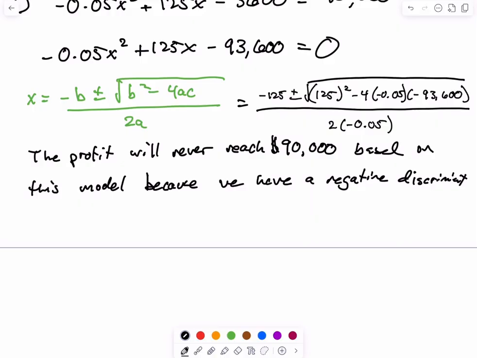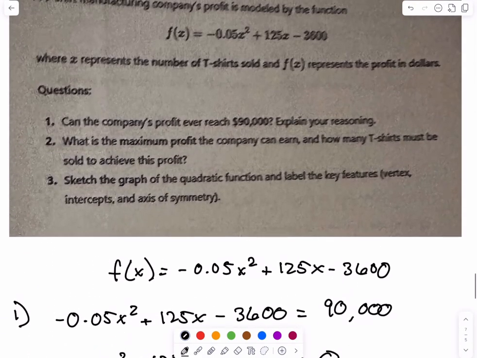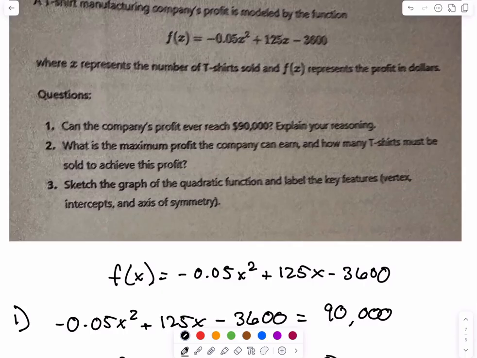Siri, spell discriminant. Discriminate. No, not D-I-S, not discriminate. I think it's an E. Siri, spell discriminant as in the quadratic formula. Here's an answer from byjus.com. Okay, I guess we're good.